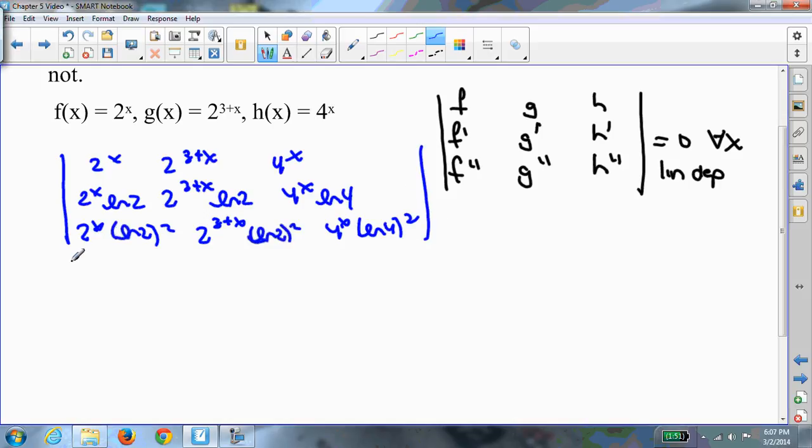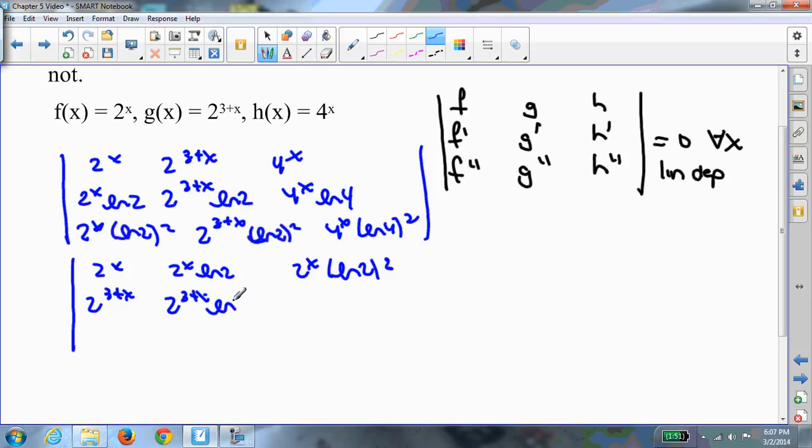Now I am actually going to change this to its transpose. So 2 to the x, ln of 2, 2 to the x, natural log of 2 squared, 2 to the 3 plus x, 2 to the 3 plus x, natural log of 2, 4 to the x, natural log of 4, 2 to the x, I think I got this backwards.